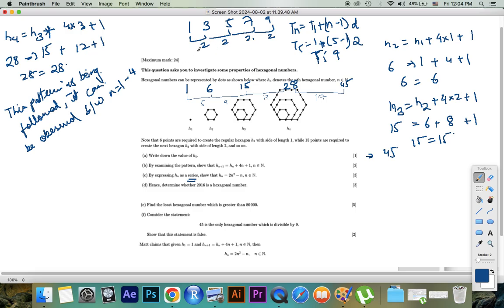But in this case, what is happening is we have a sequence which is coming out something like this: 1, 6, 15, 28, 45, right?